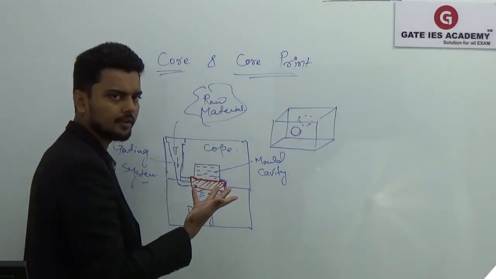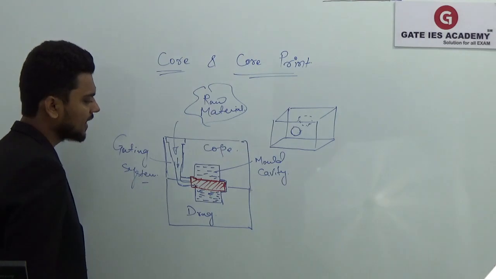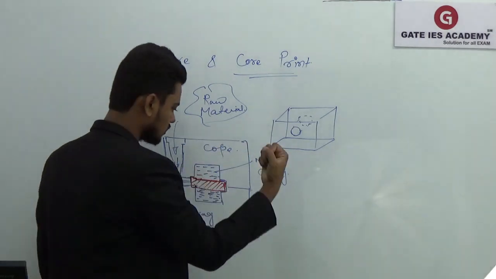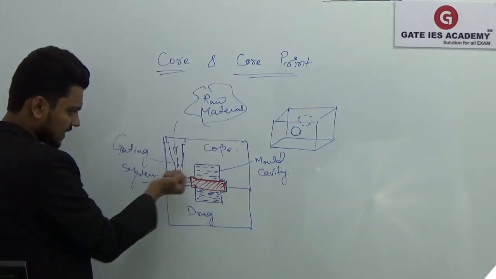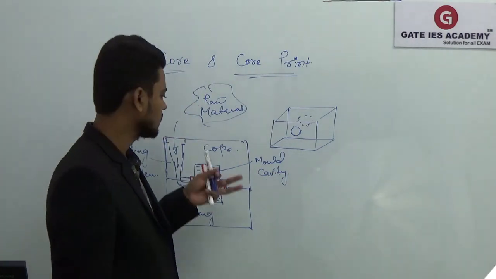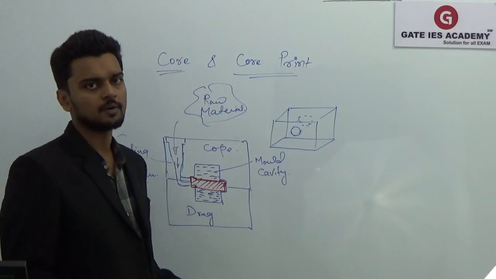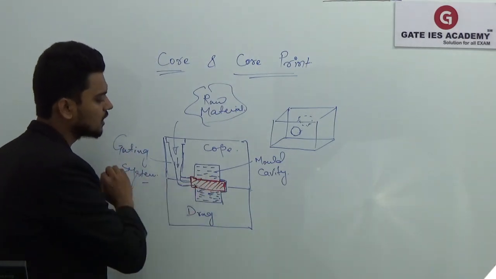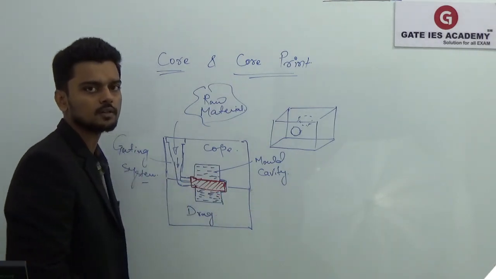Now the metal will solidify, and once it is solidified, we break the mold and withdraw the core. Once you remove the core, you will have a cavity in your product.